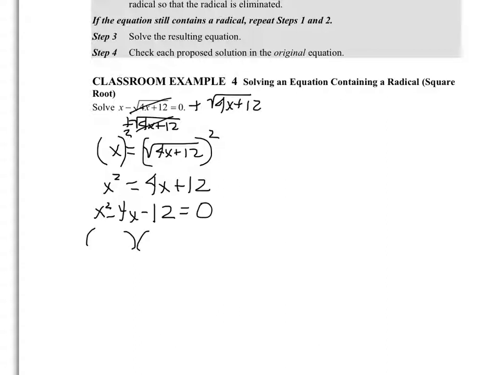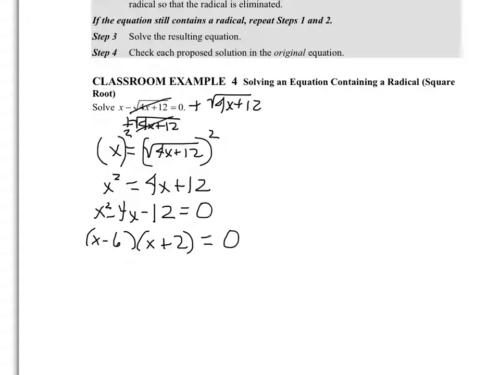If I multiply a times c, 1 times negative 12 is negative 12. I need a pair of numbers that will multiply to give me negative 12, but add to give me negative 4. I believe negative 6 and a positive 2 works. So x minus 6 times x plus 2; if I use FOIL and double check myself, this multiplies back together to equal x squared minus 4x minus 12. So I have it factored correctly.